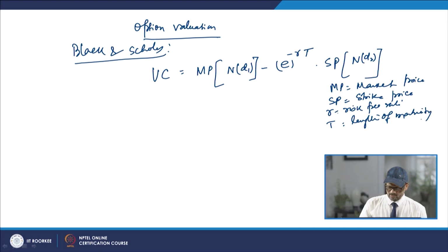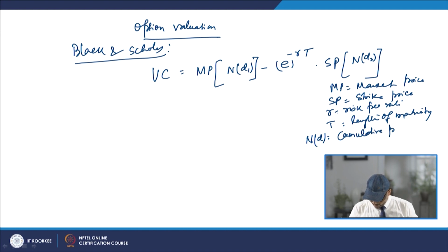Now the ND is basically the new thing which has been given by Scholes. It stands for the cumulative normal probability density function.